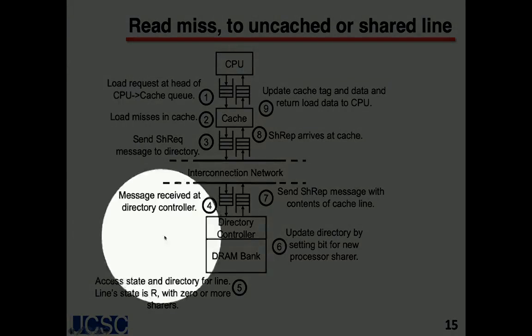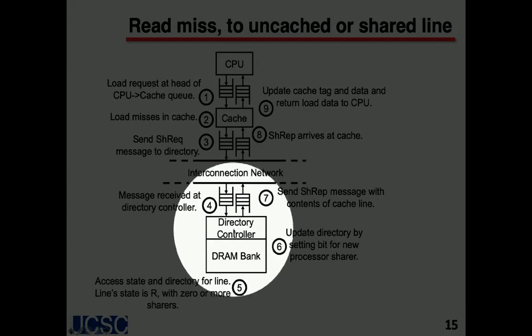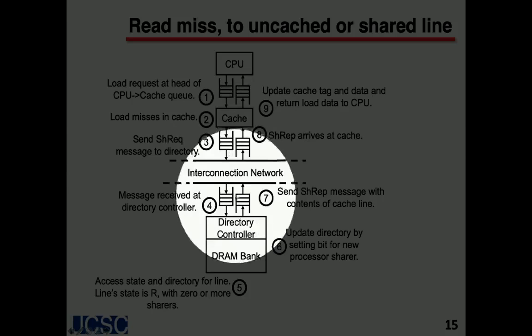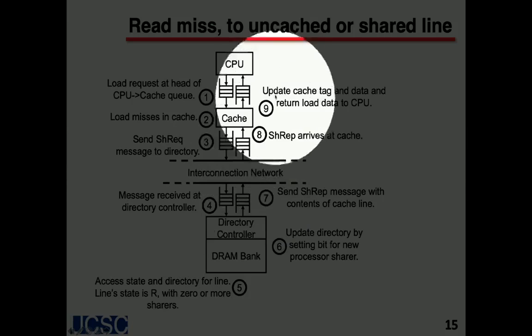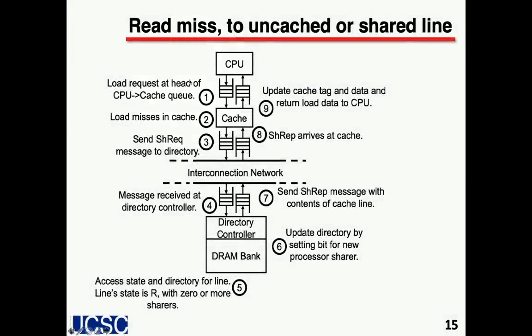This is not needed for this course, but if the directory looks up and finds another core already has that data, rather than going to DRAM and back, it can say, hey, forward your data to this core who wants it. So the directory can do some really cool optimizations that way. But for this course, we're doing a very simplified protocol, because otherwise it's too hard to write out.